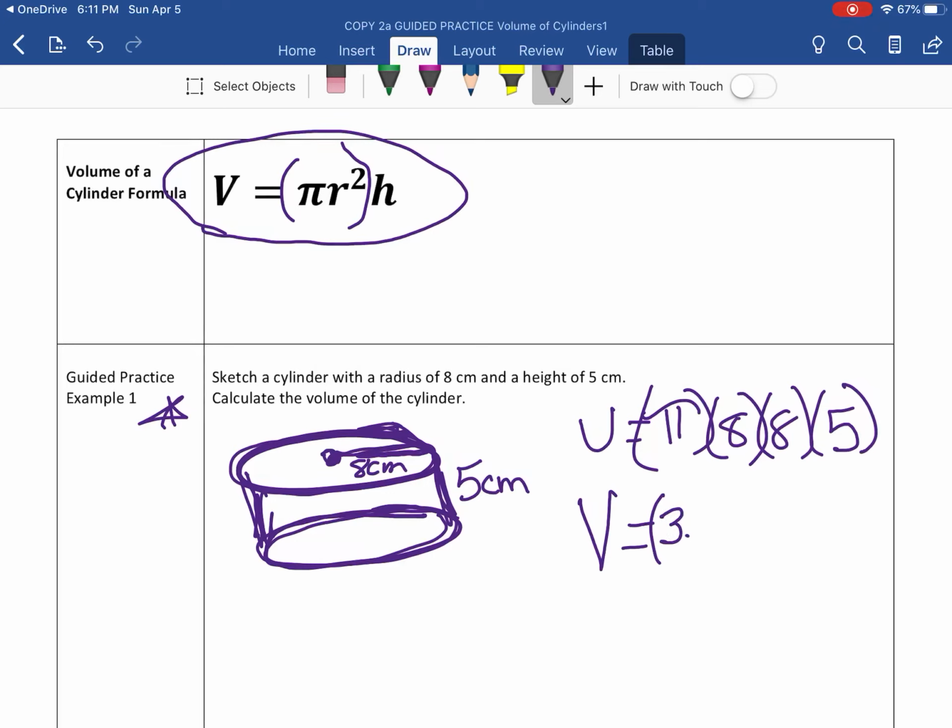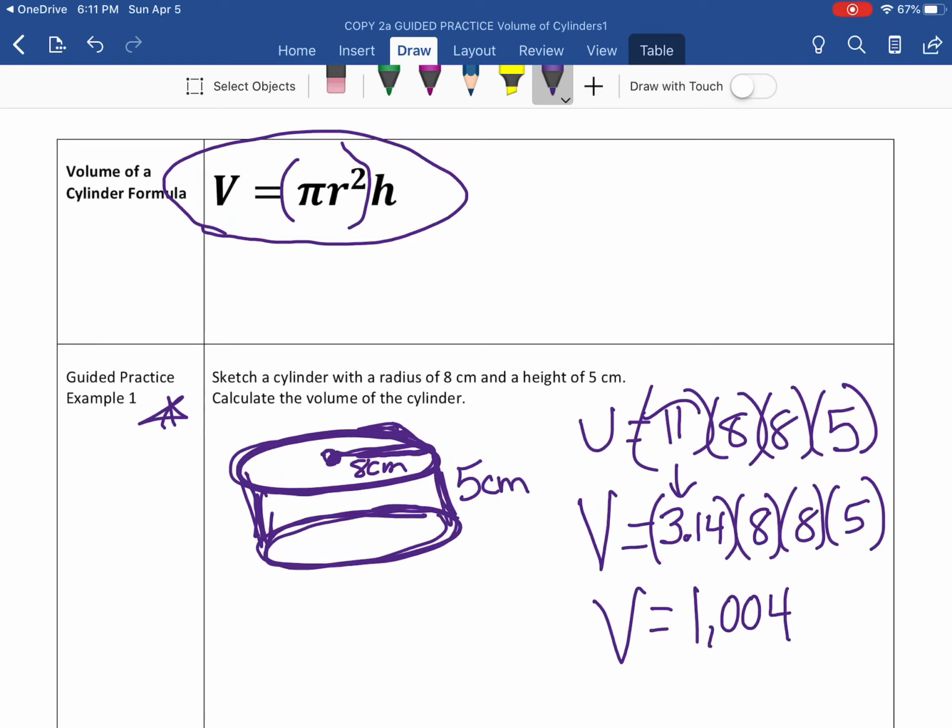And remember, what do we put in for our calculator now? 3.14 for the pi. All right, so take that times 8 times 8 times 5. And your final answer will be 1004.8. So 1004 and 8/10.